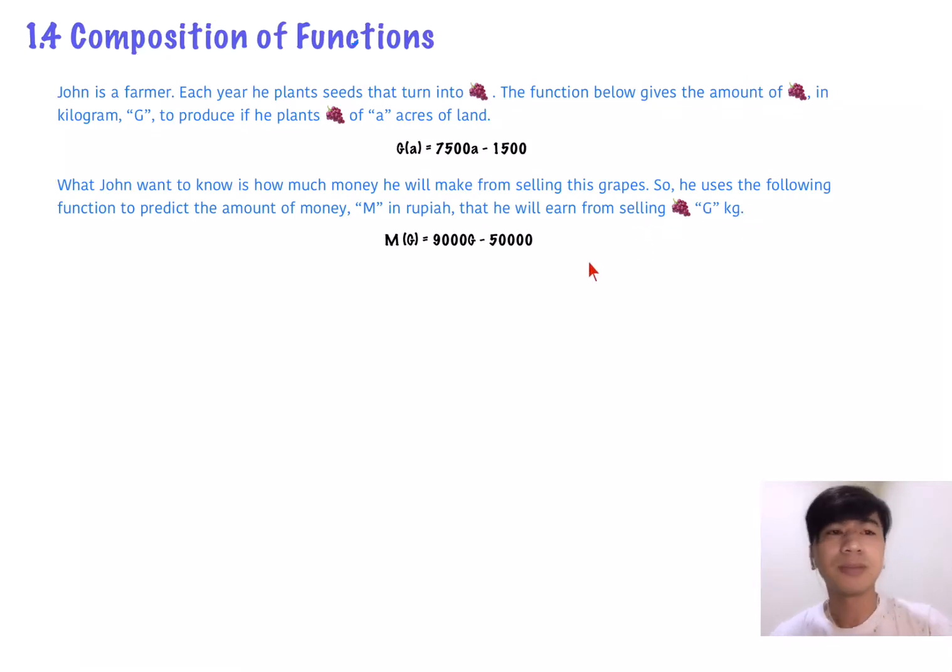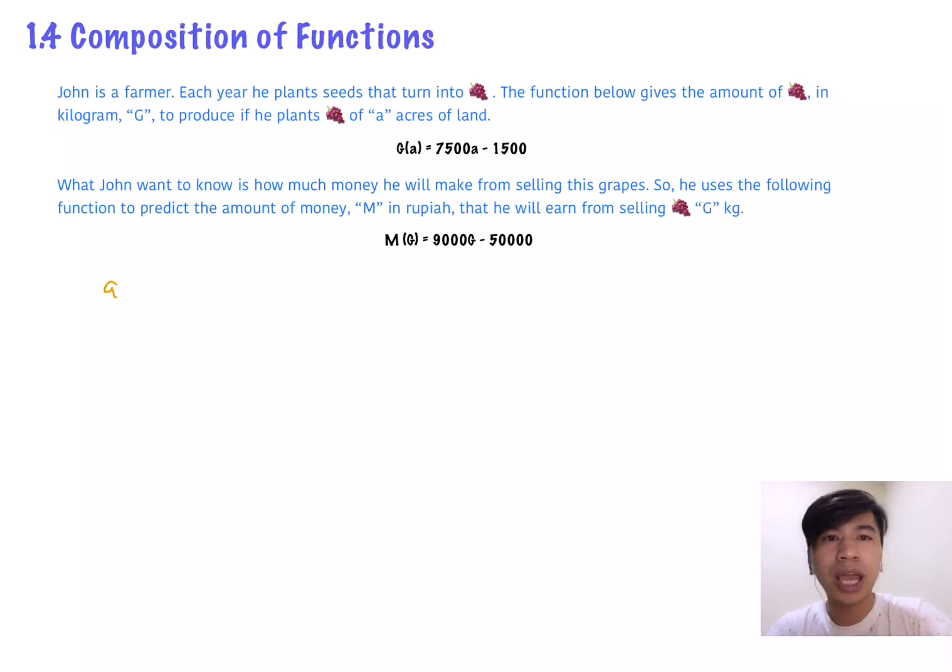So how much money could he earn from selling the grapes? Let's find out. Let's find the function that can combine these two functions, which is called a composition of functions. Let me repeat it again. John wants to predict the amount of money, M in rupiah, that he will earn from selling G kilograms, using the input A. Let me draw the flowchart so we will understand more.